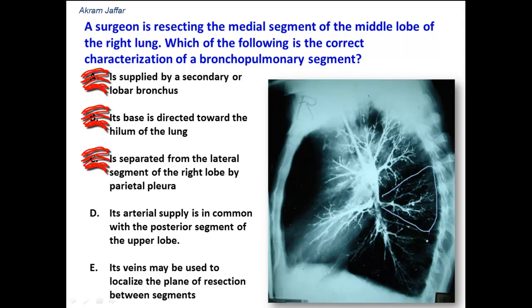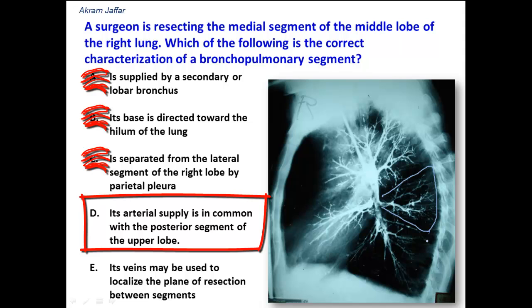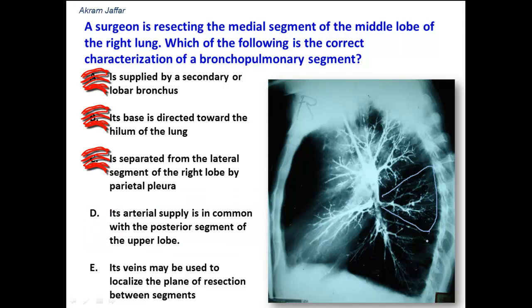D, its arterial supply is in common with the posterior segment of the upper lobe. As I mentioned, each segment has its own arterial blood supply, whether a bronchial artery or a pulmonary artery, and does not share this with the adjacent segments. What is shared between the adjacent segments is the vein.